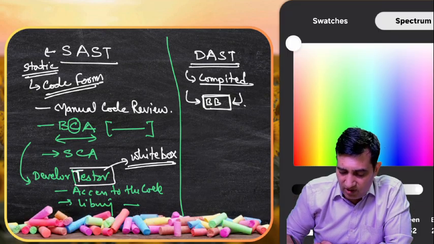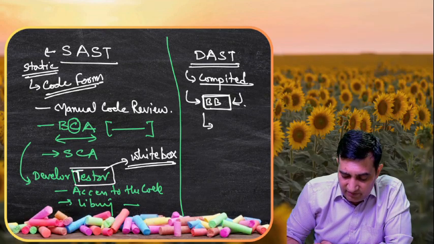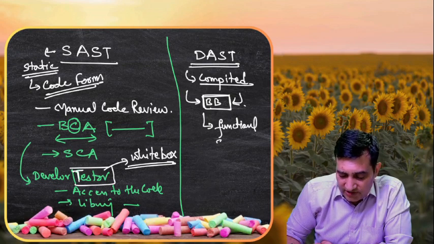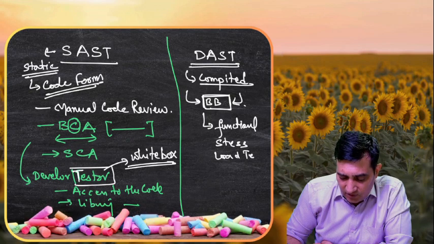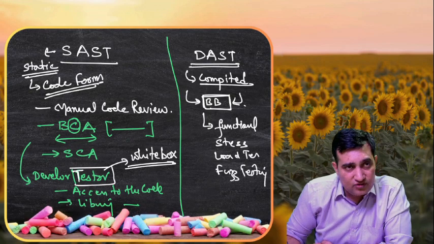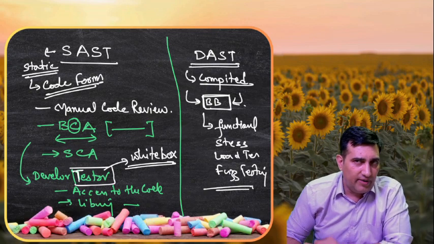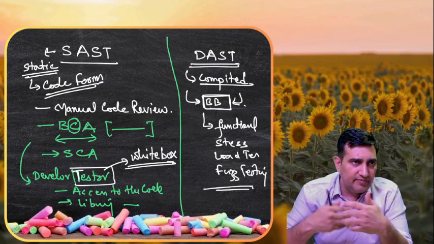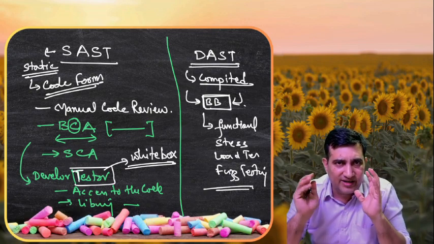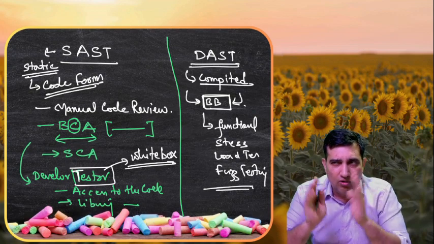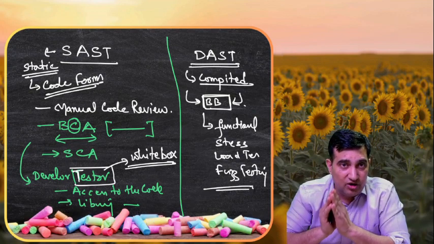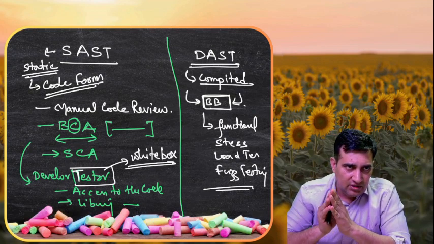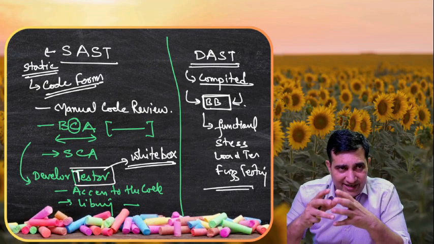So at this time, whatever testing is happening will be more of functional testing, stress testing, load testing, fuzz testing. Okay, all these kinds of things you will be able to do by running certain scripts, or by testing the software by giving it so much input. All these methods can mostly be automated all the time. So that is where we see it as a black box.